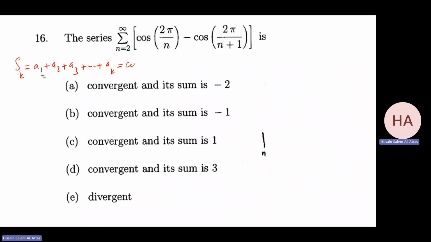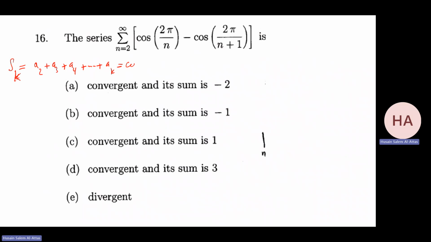I'm starting from 2 actually. So a_2, a_3 plus a_4 plus up to a_k, since n equals 2.